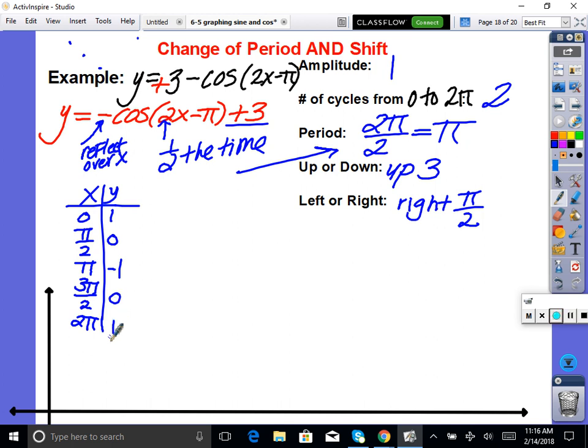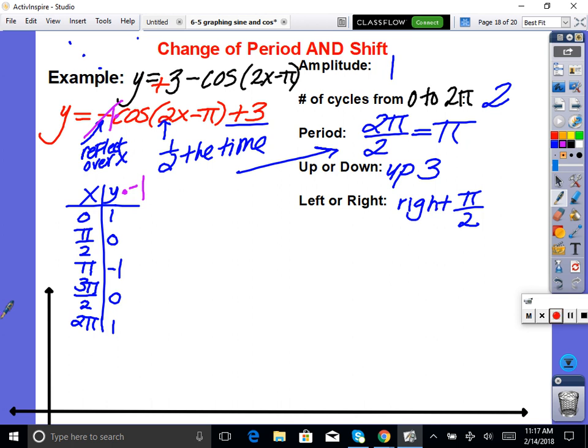There's the parent function for cosine. When performing the transformations, multiplication has to come before addition. If you do it the other way, it's going to be wrong. So we have to figure out the multiplication transformations first. If we're reflecting over the x-axis, that would be taking your y values and timesing them by -1. I've taken care of that transformation.